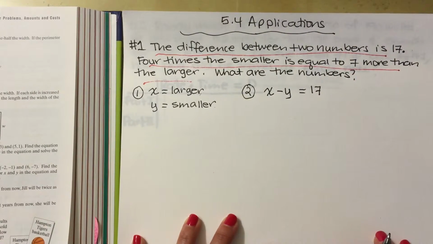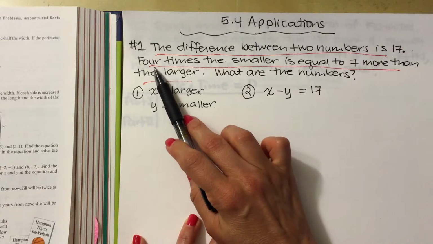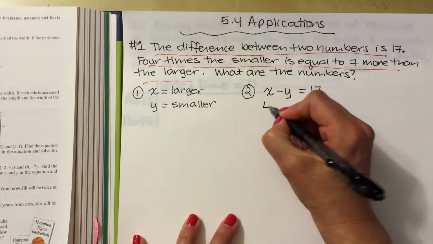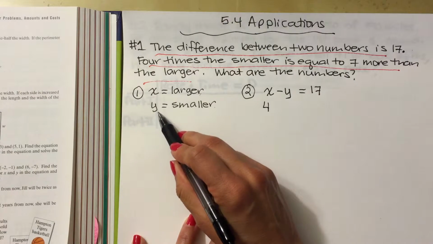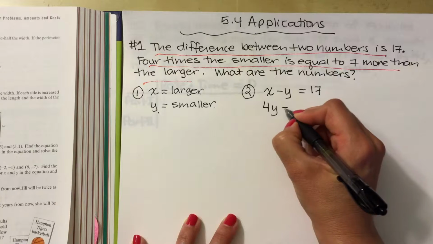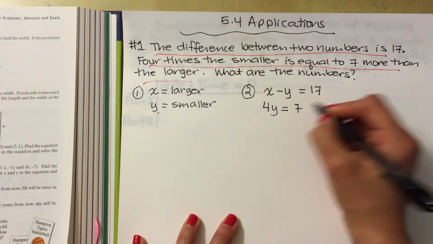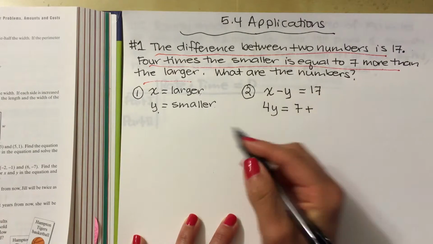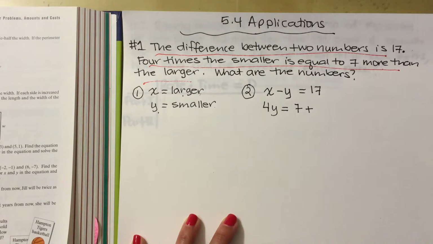Okay, second equation, translate 4 times the smaller. All right, so 4 times y, that's the smaller, is equal to 7 more than, is add. More than what? More than the larger. Larger is x.